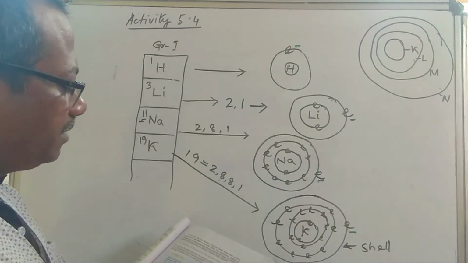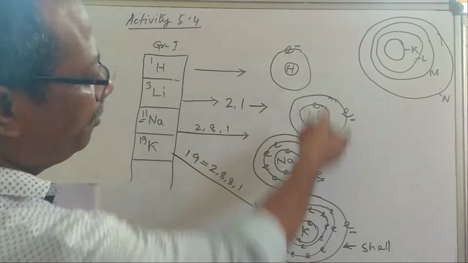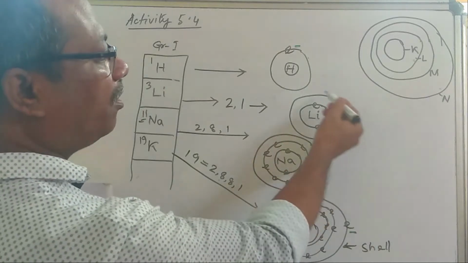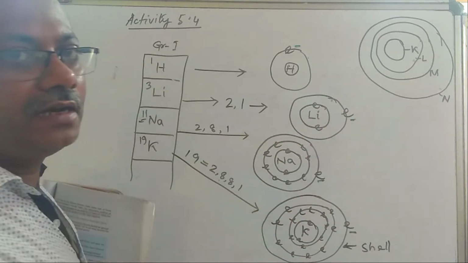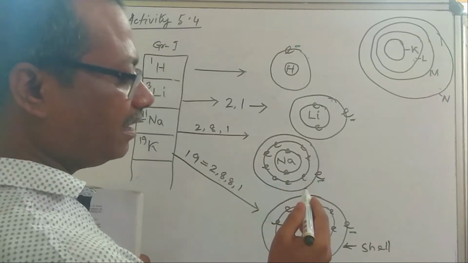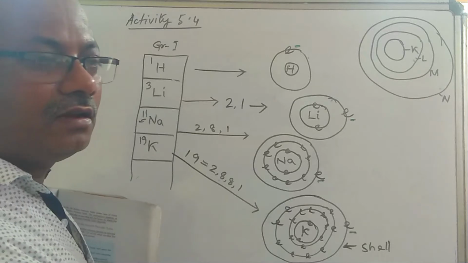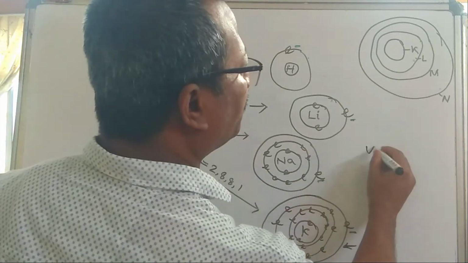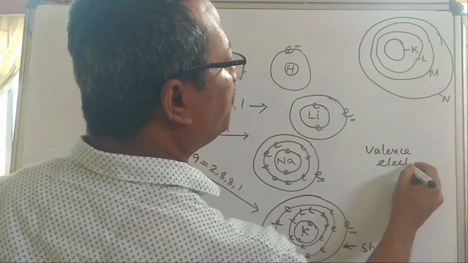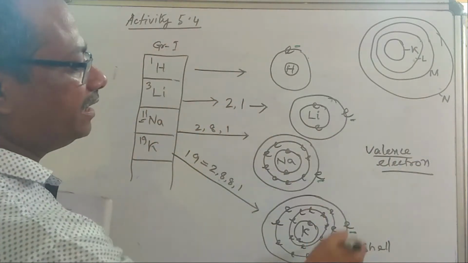How many valence electrons are present in these elements? Valence electrons means the number of electrons present on the last orbit or last shell.